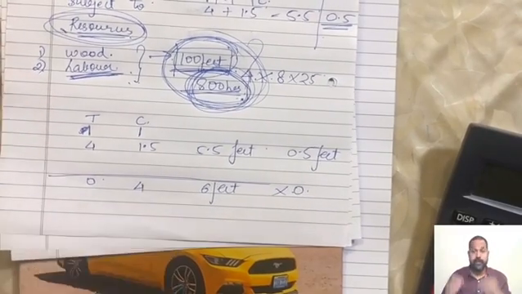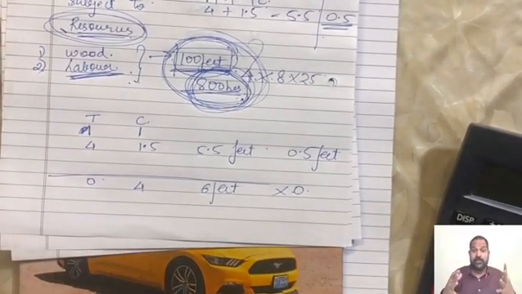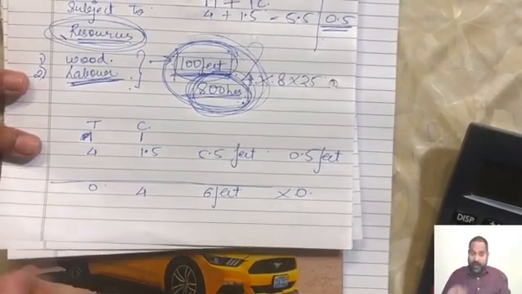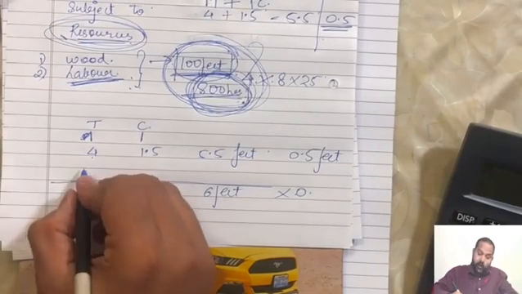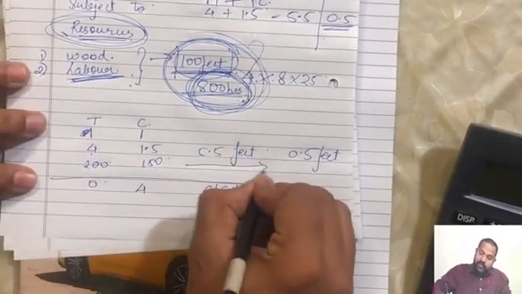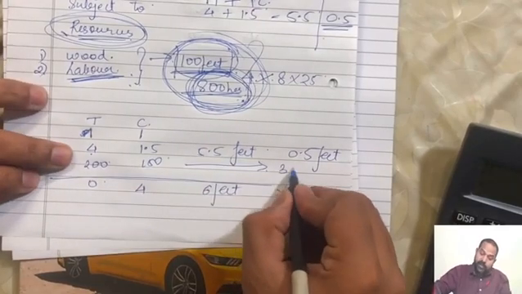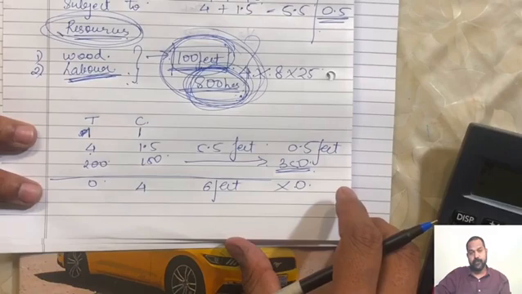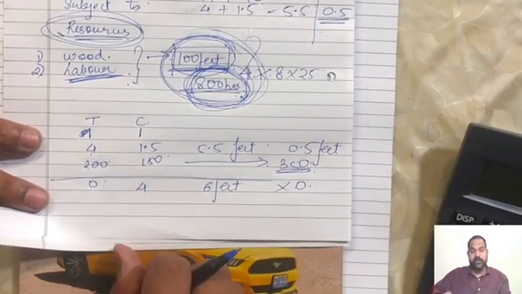Okay, let's talk money. I am concerned with profits. These are the two choices you have. If I make one table, I will get 200 rupees, and one chair, I will get 150 rupees. This combination gives me a profit of 350 rupees. What about this combination?